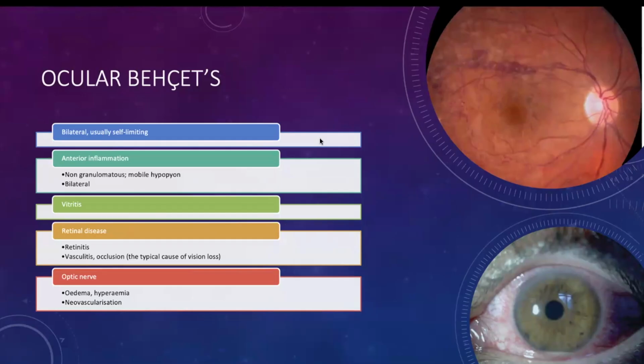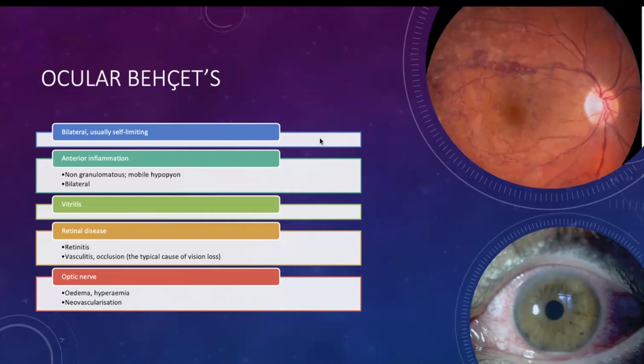But it does tend to be self-limiting, so it tends to run its course and then fizzle out. And visual prognosis tends to depend on involvement of the retina, specifically with an occlusive vasculitis. So while it typically presents with an anterior inflammation, this will be non-granulomatous. So you're going to have the fine KPs. It will be your typical painful red uveitis.